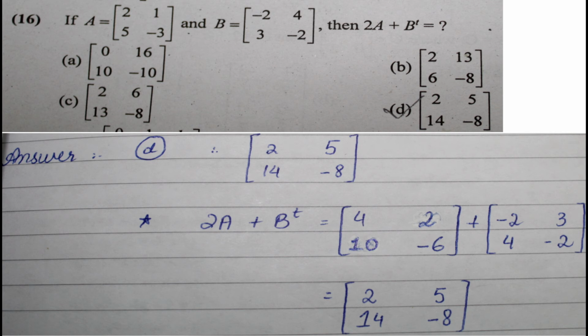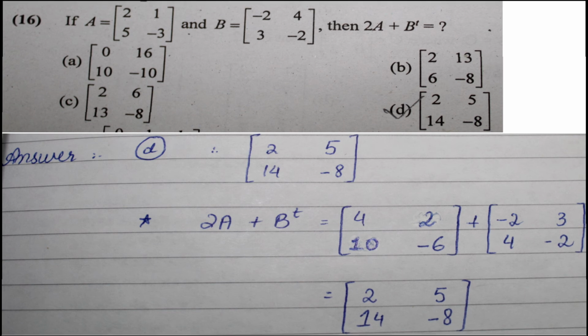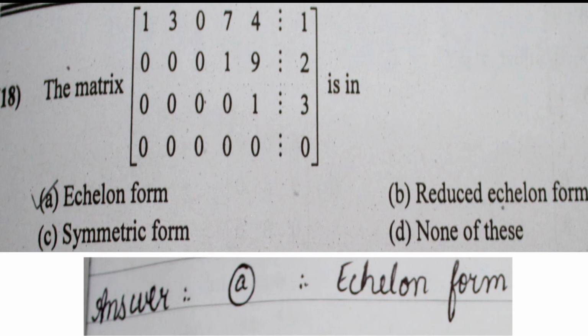The elements in the first column are going to become the elements in the first row. You're going to convert them. Similarly, it will be for the second column and the second row. So our answer is going to be, when we add them, 2, 5, 14 and minus 8, option D.